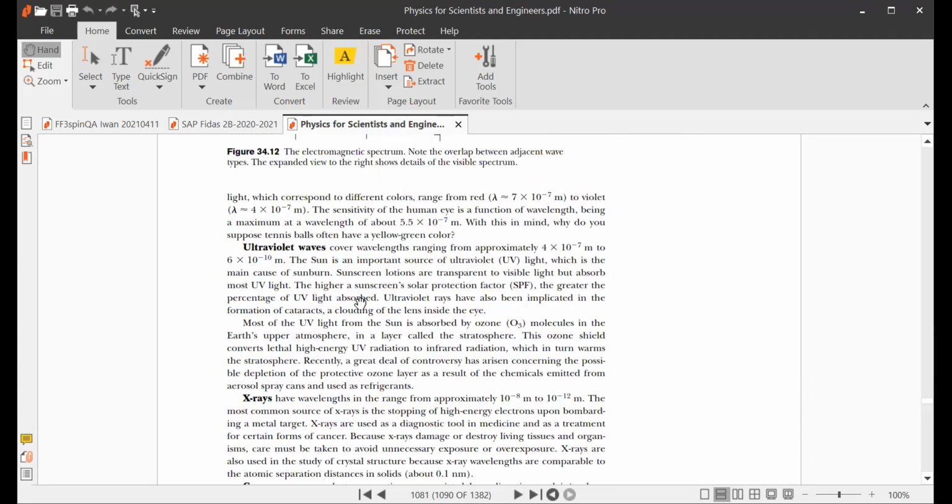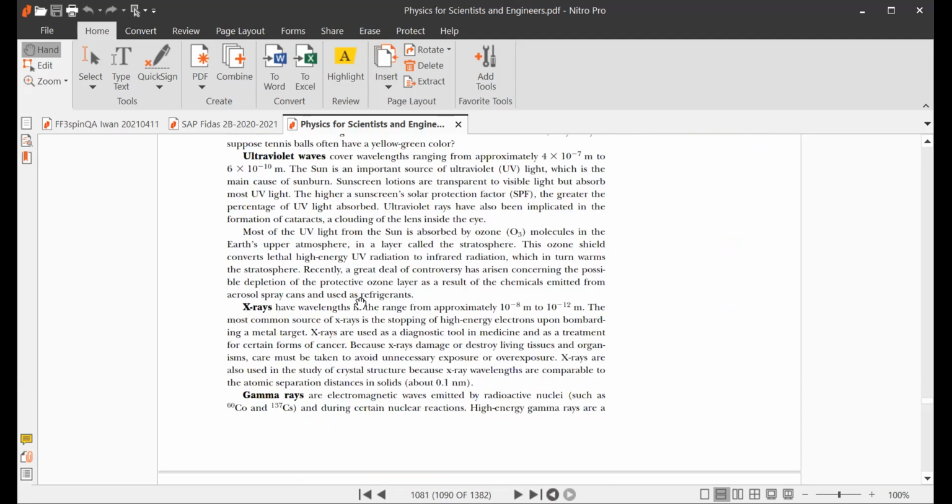The next one is ultraviolet. Ultra means above violet. This is between 4 times 10 to the minus 7 to 6 times 10 to the minus 10 meter.